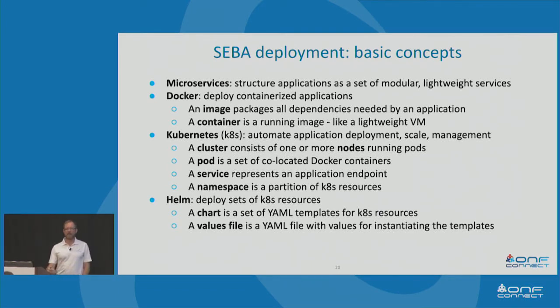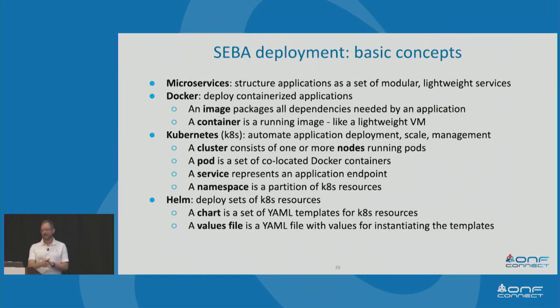Kubernetes relies on Docker. Docker is a way to deploy containerized applications. Docker images package up all of the dependencies needed by the software, and a Docker container is a running image. You can think of it as like a lightweight virtual machine.